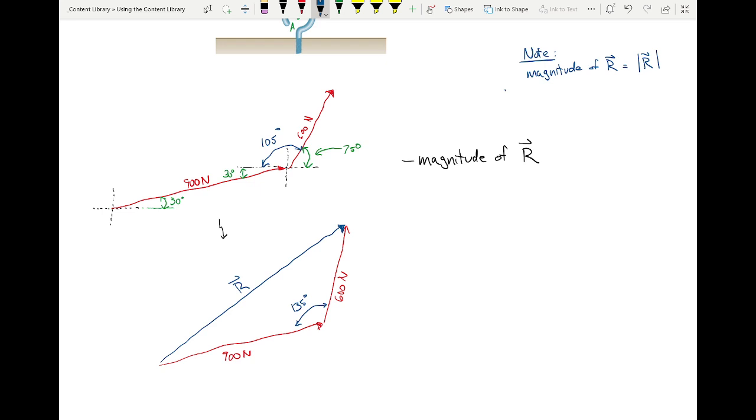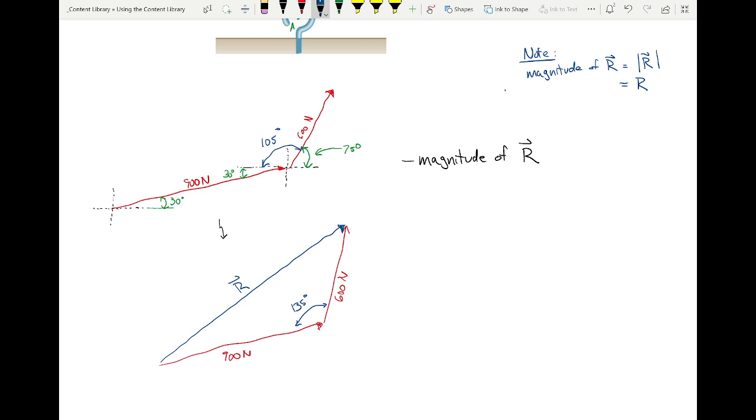Like you'll put the vector R with absolute value signs around it. That's a common notation for magnitude. Another way is to literally just write the letter R with no vector symbol, because the magnitude of a vector is just a scalar, okay? That's just a number, right? Remember, scalars have magnitude, vectors have magnitude and direction, okay?